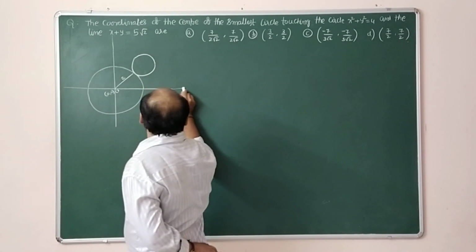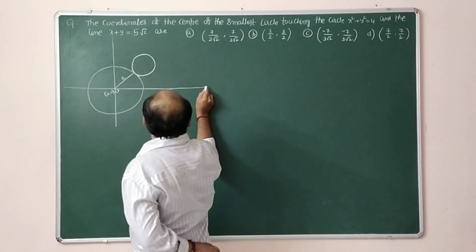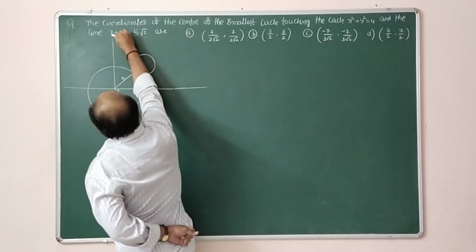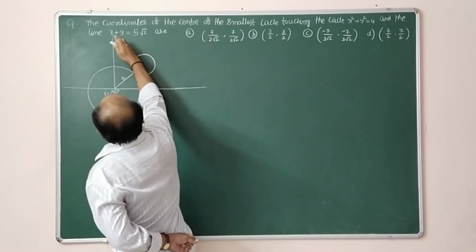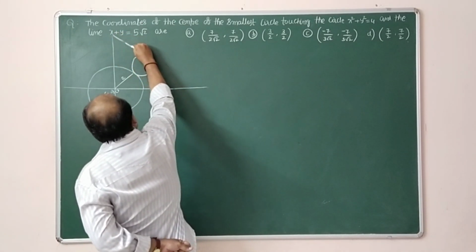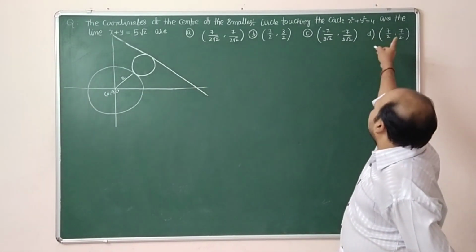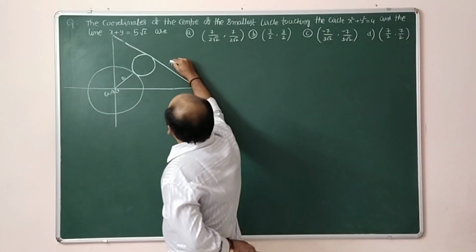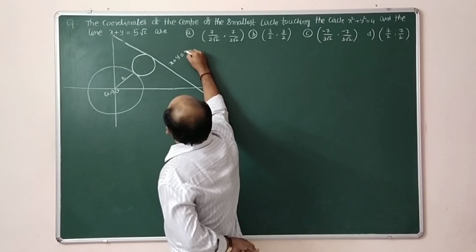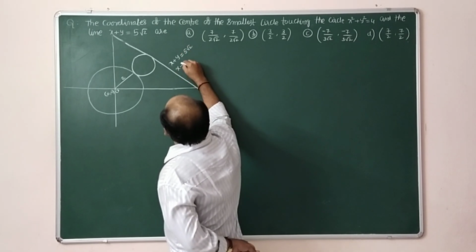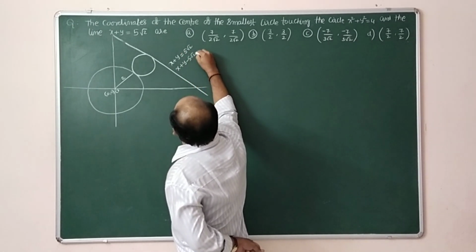So if we extend like this, this line is what? x plus y is equal to 5 root 2, or x plus y minus 5 root 2 equal to 0. This is the line.